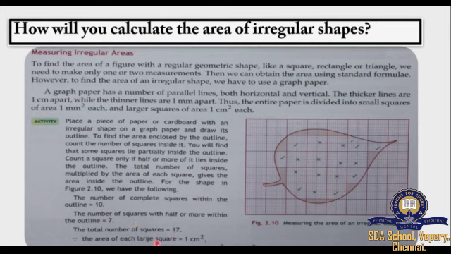The area of each large square is equal to 1 centimeter square. The area of the irregular shape is equal to the total number of squares times the area of each large square. That's why we have put it like 17 into 1 centimeter square is equal to 17 centimeter square. So we have found the area of the irregular shape as 17 centimeter square.